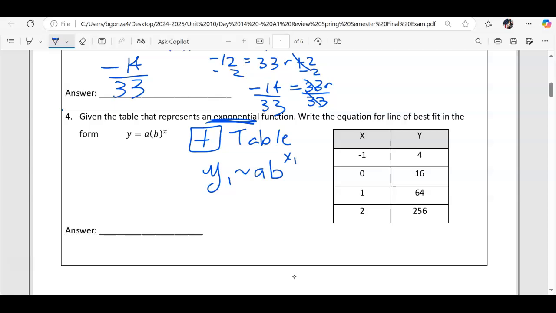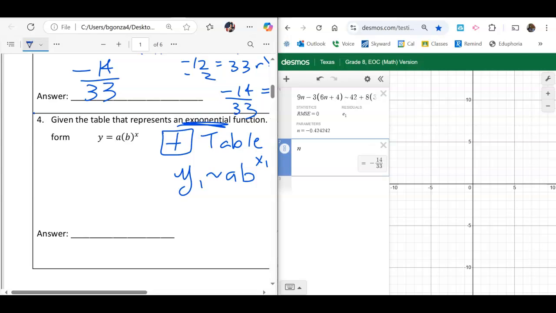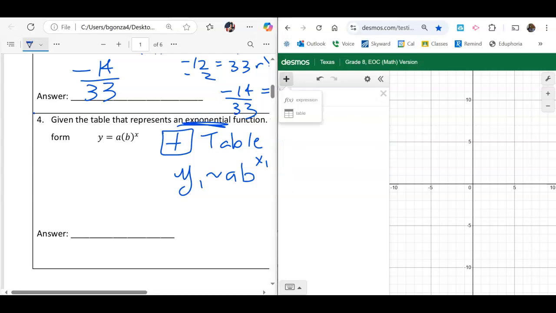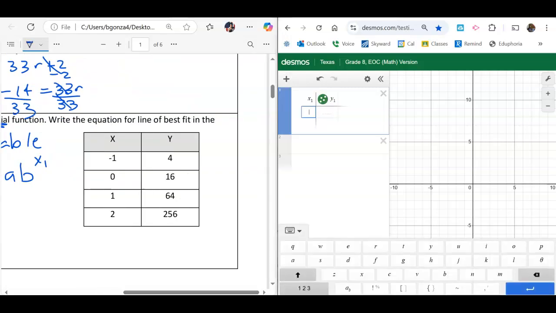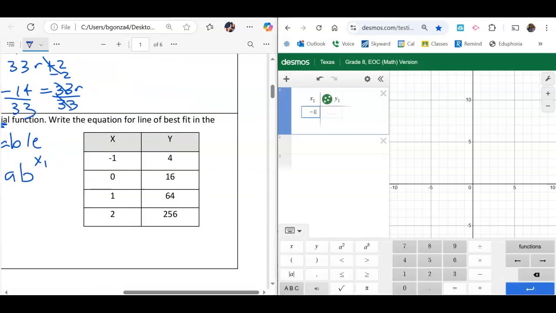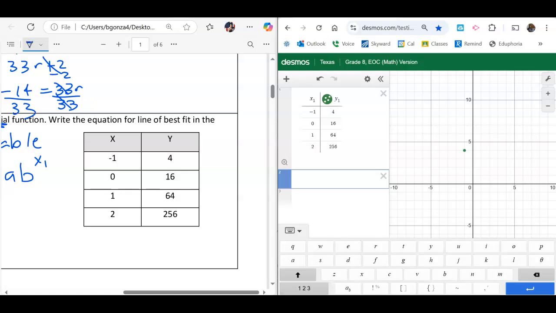So let's put this in here. And again, you have to type it in correctly.